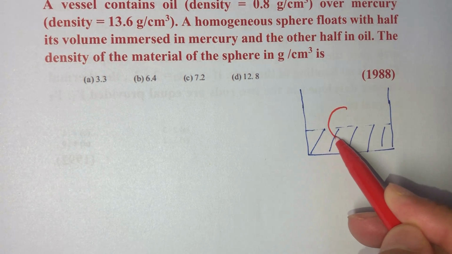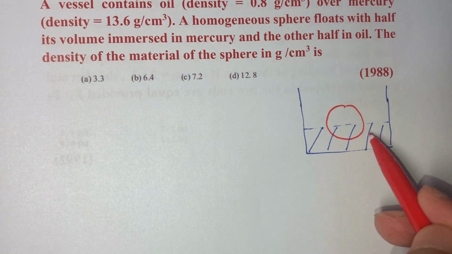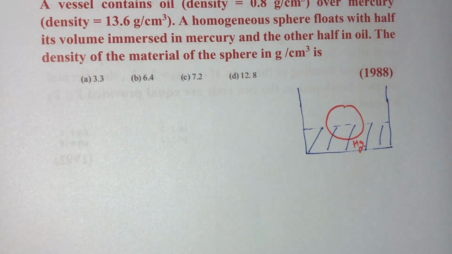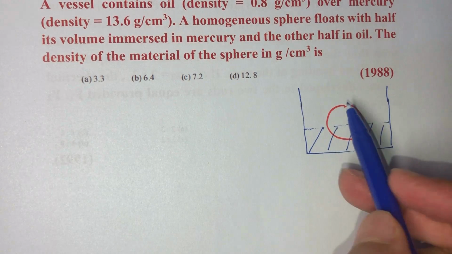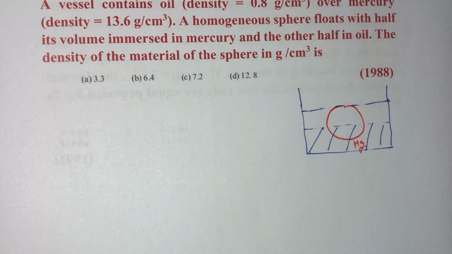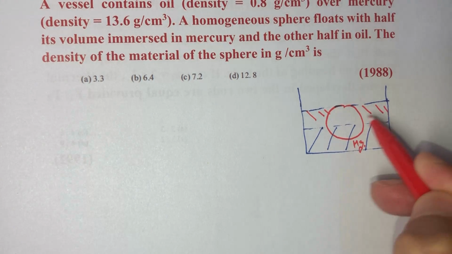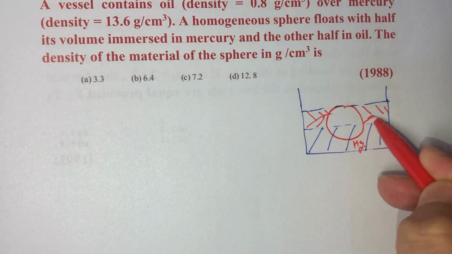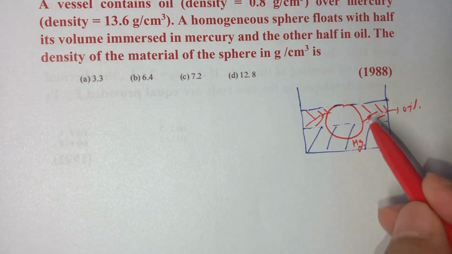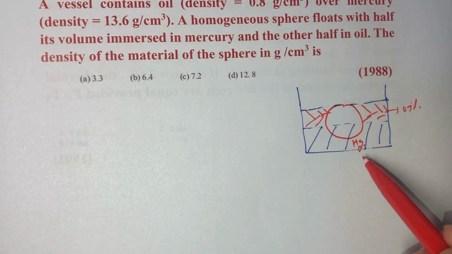So let us draw the sphere. Half is in the mercury, and the other half is in the oil. So half of the sphere is immersed in oil and the other half in mercury.